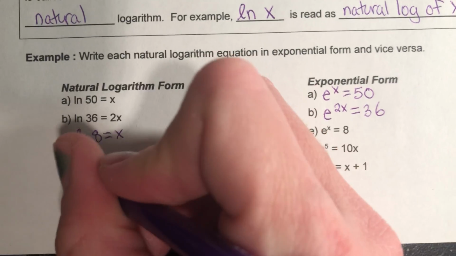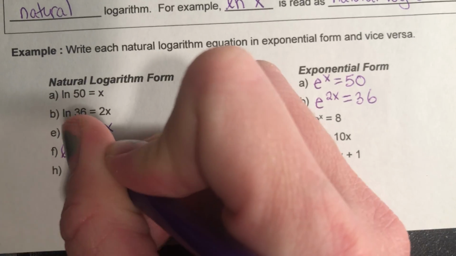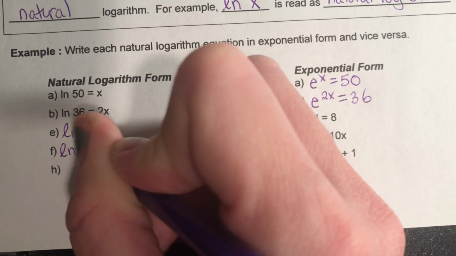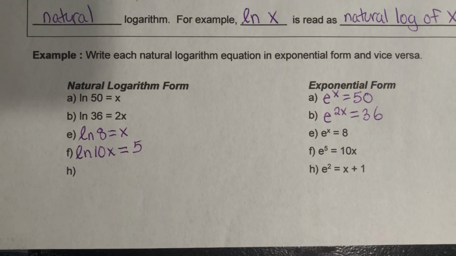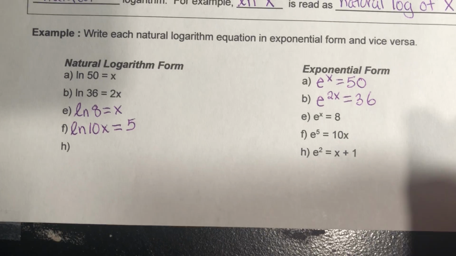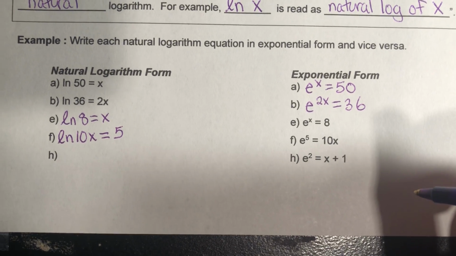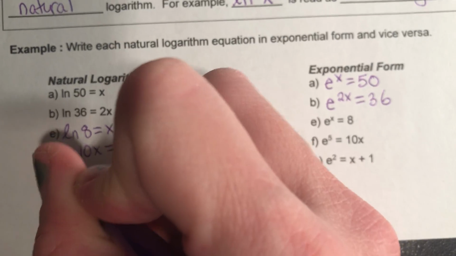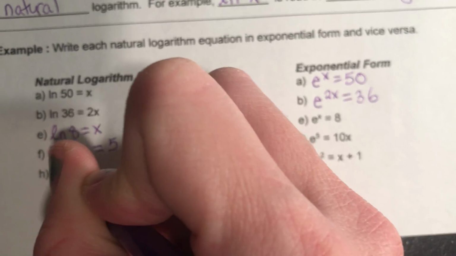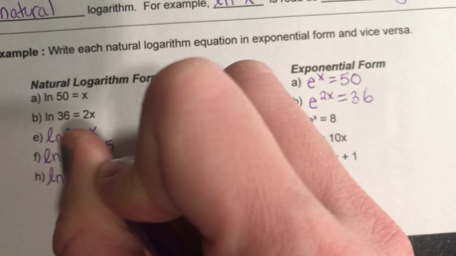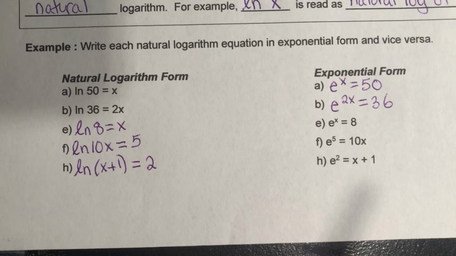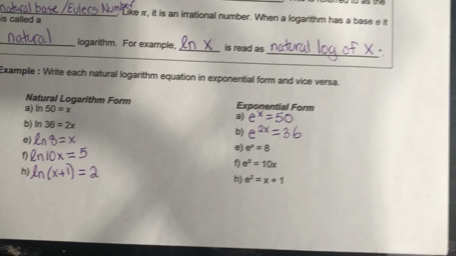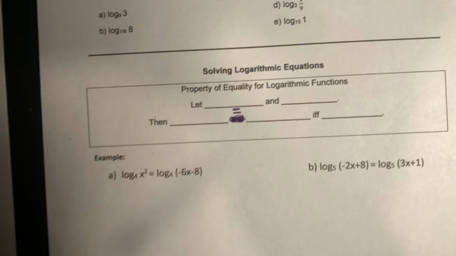So that means we have natural log of 10x equal to 5. And finally, if we have e squared equals x plus 1, this is the natural log of x plus 1 equals 2.